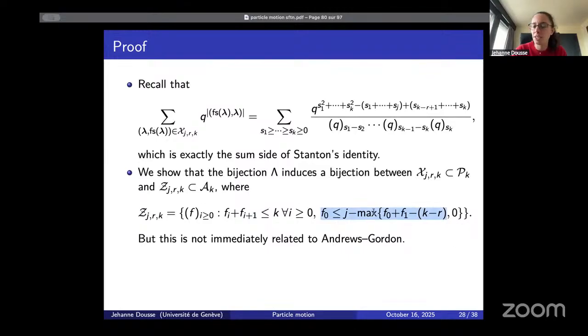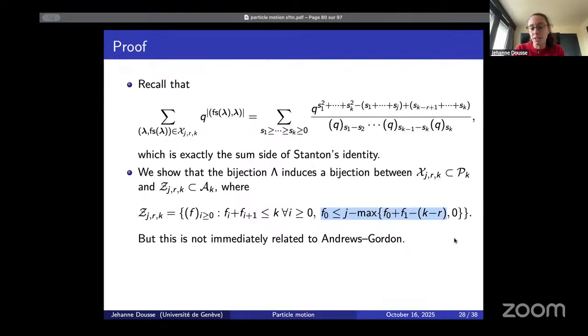So you have this additional condition, so you can show that this is in bijection, but we want to prove the Stanton identity, we want to relate it to Andrews-Gordon, because to get the product side, we need Andrews-Gordon as an ingredient.